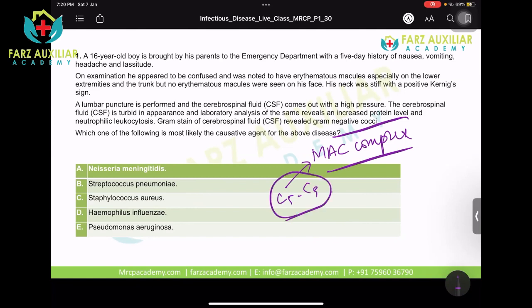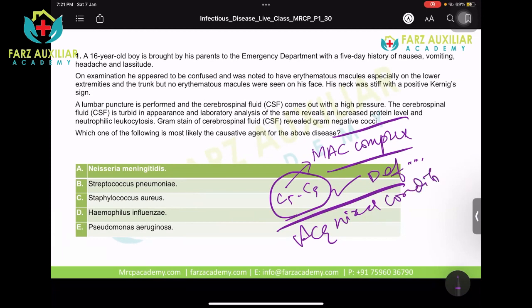So whenever there is C5 to C9 deficiency, there are higher chances of getting Neisseria infections. And what is an acquired condition in which Neisseria infections increase? Splenectomy. Yes.